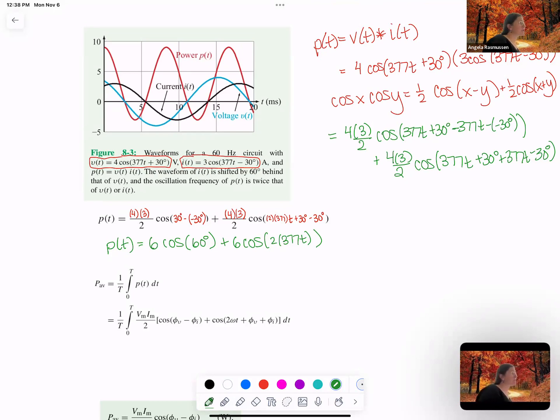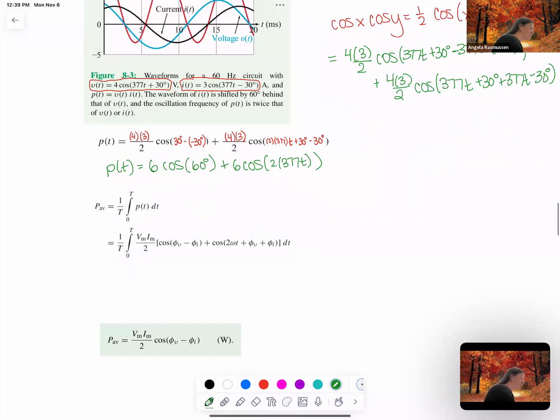So now the averaging of this power is going to be that same equation, with the periodicity. So 1 over that time period T, and then 0 to T of p of t dt. So generically, this is going to be your voltage amplitude.